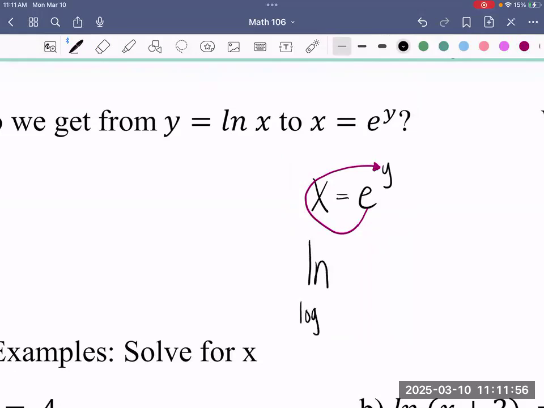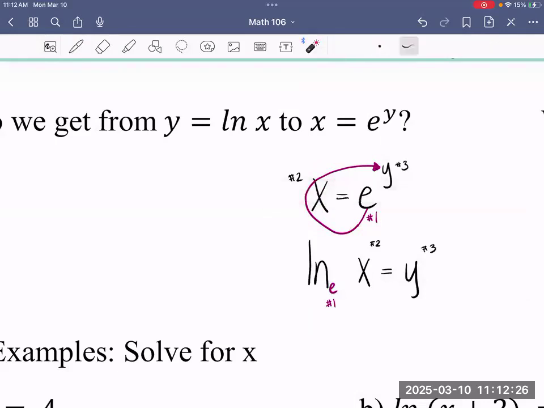For us, because we're dealing with e, we're going to just write the word ln. That is the very first thing that we're going to write. The next thing that we write is the next value that you touch, that would be x here. So that is number 2. And then equals your y. This is the third thing that you finish on.